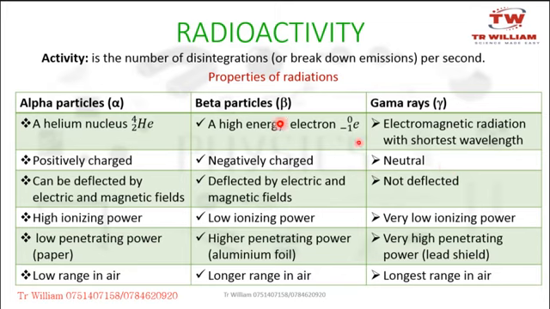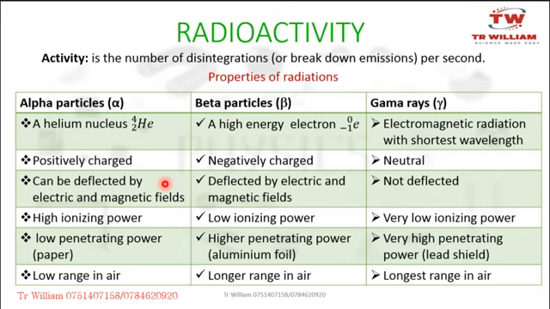Now, because alpha particles and beta particles are charged, if you bring them into an electric field, between two plates, one positively charged and the other negatively charged, they will be attracted by one or the other. Alpha particles will be attracted by which plate?